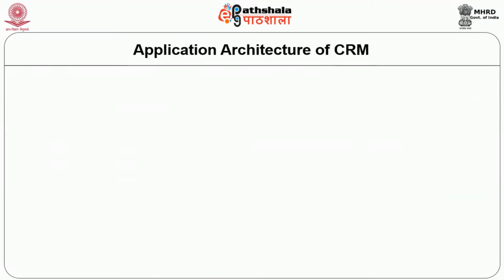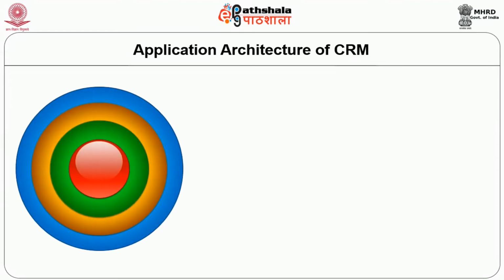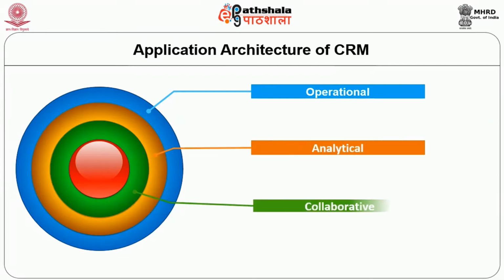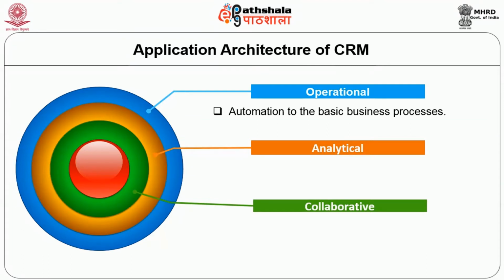Now we will see what the application architecture of CRM is. The application architecture of CRM comprises three aspects: number 1, operational; number 2, analytical; and number 3, collaborative. The operational one includes the automation of basic business processes.